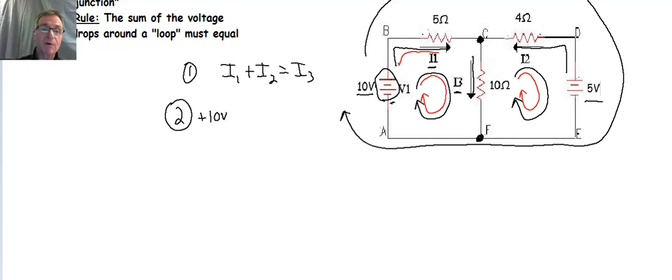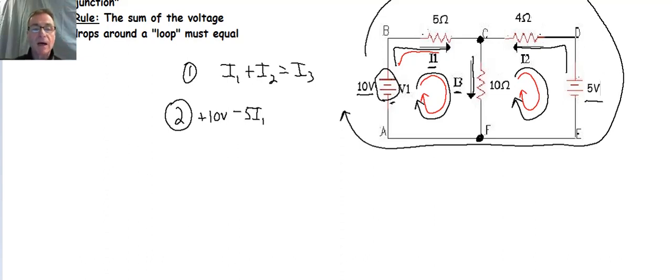Well, we don't know the number, but we do know that V equals IR. So it's going to be 5 ohms, and I'm going to leave the ohm symbol out here because we're going to get rid of those in a minute when we solve equations, times I1. This should be a negative sign here, so let's fix that. I messed up there. I apologize for that.